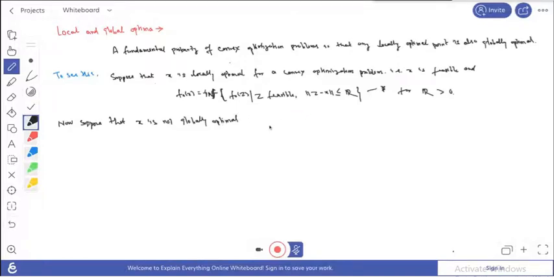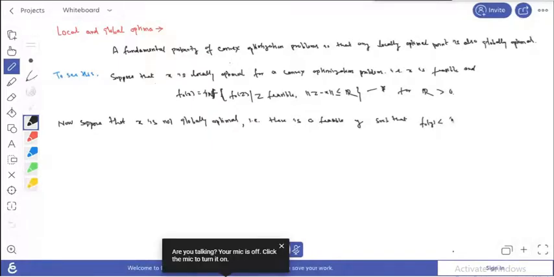So there is another feasible solution, which we call y, such that the value f naught of y, which is the global minimum, is less than this local minimum. So you suppose that.